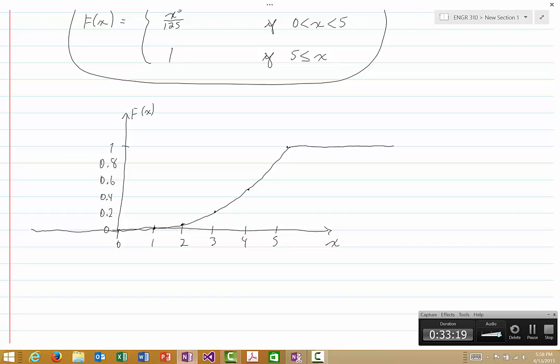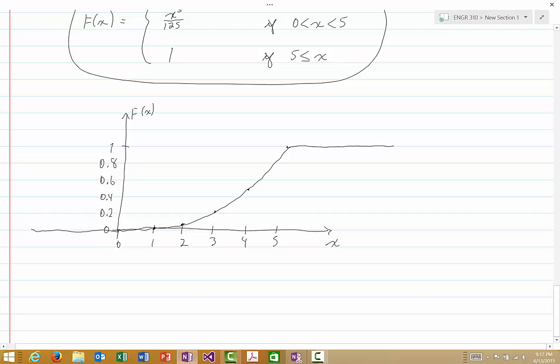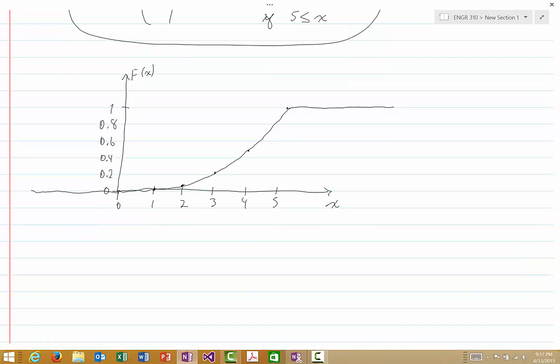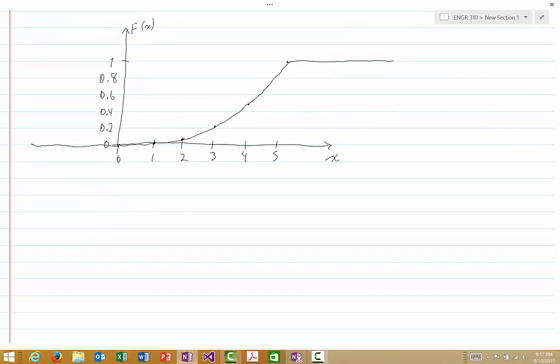And so now let's look at another problem with a continuous random variable. For the next problem, let's consider 24.5.12.